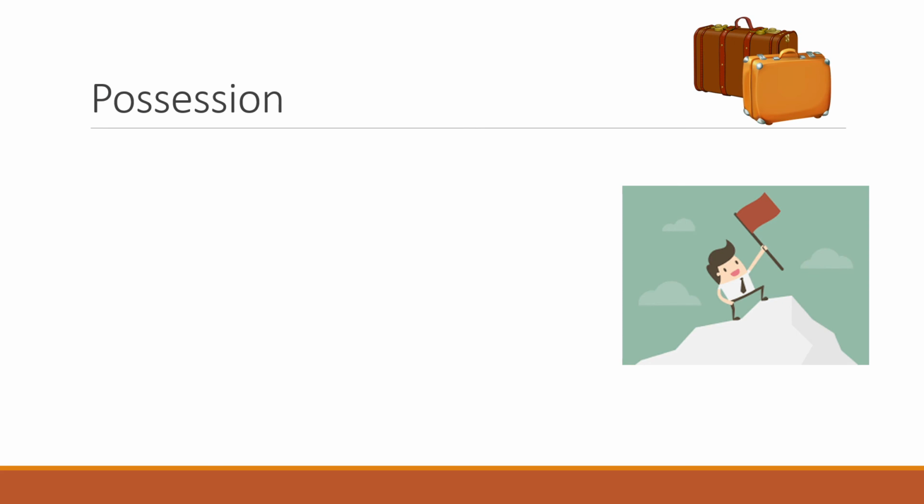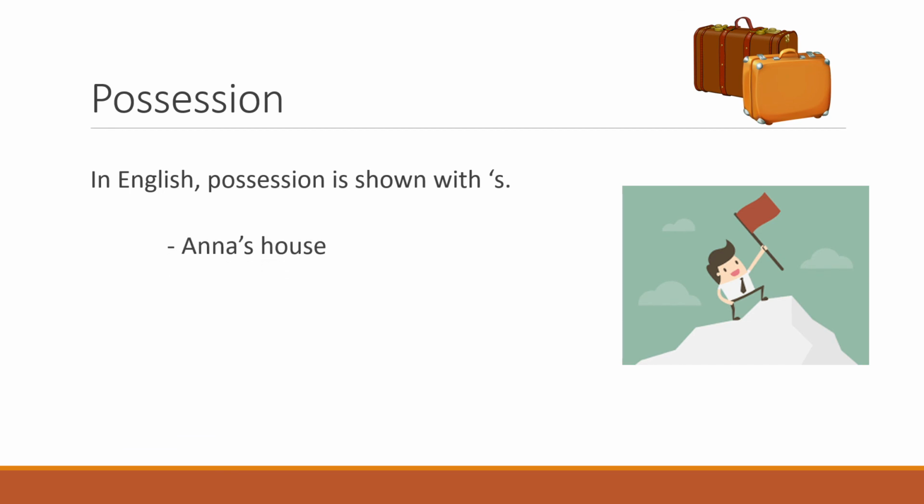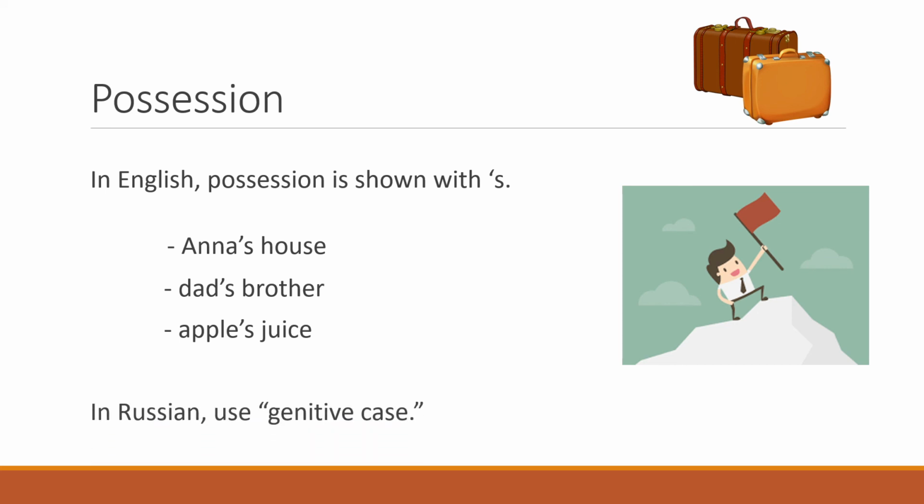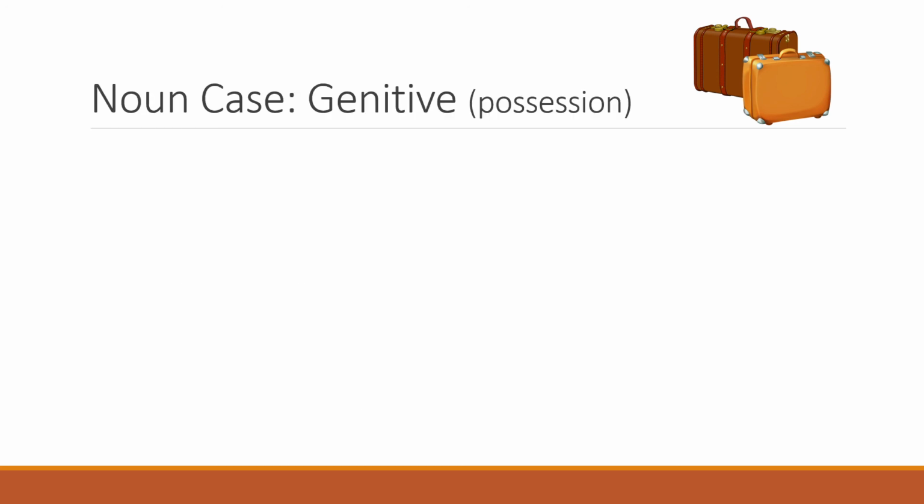Now, possession. That is going to involve the possessive case. So in English, we show possession with apostrophe s. Anna's house. Dad's brother. The apple's juice. But in Russian, we're using the genitive case. Did I say possessive case? I meant genitive.